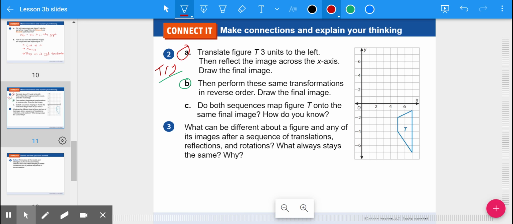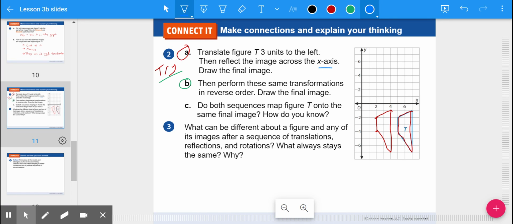All right, I go 3 to the left. So I'm actually going to take each individual point, go 3 to the left. 1, 2, 3. 1, 2, 3. 1, 2, 3. 1, 2, 3. And I've got my shape right here. Same shape, just moved to the left 3 spots, and then I want to reflect it across the x-axis.